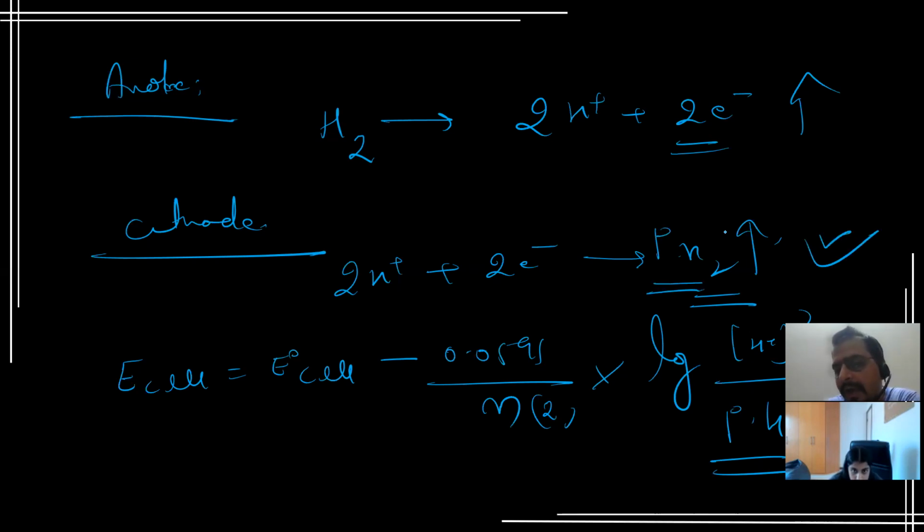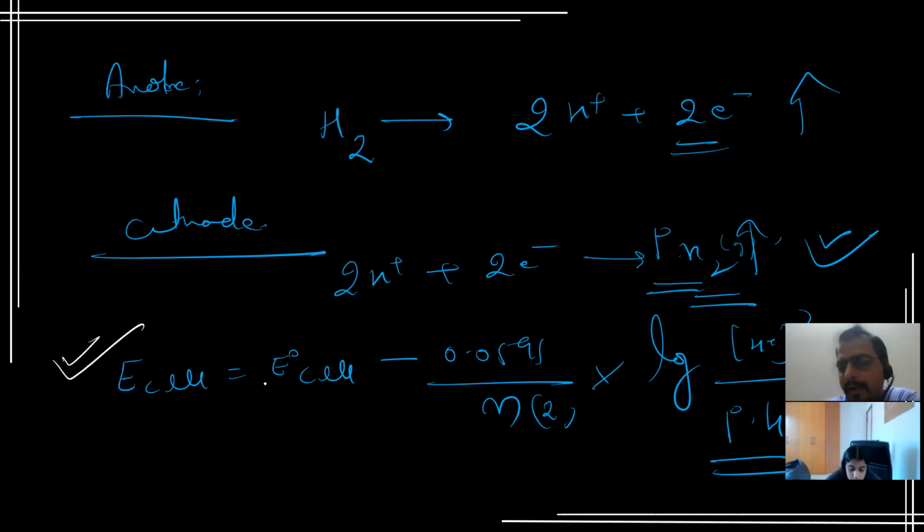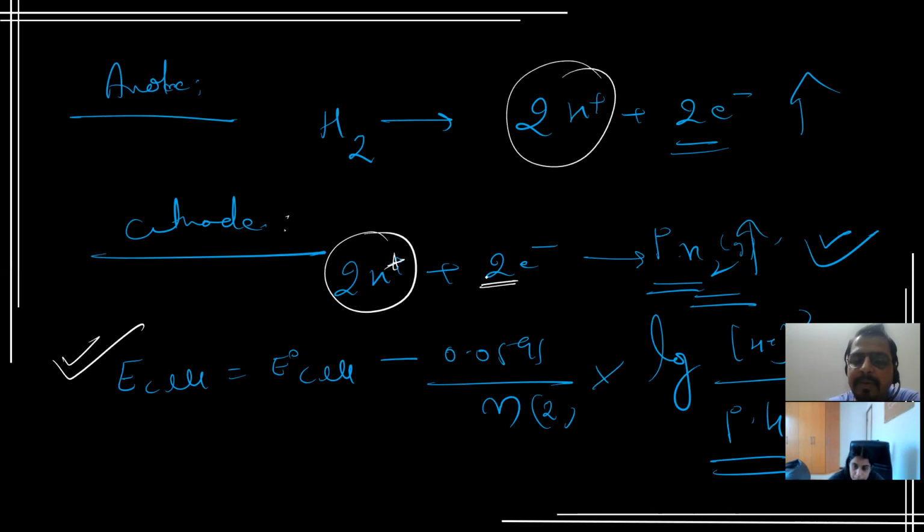Because for a gas, the concentration is always the pressure term. The cathode will be 2H+ plus 2 electrons, that is called reduction. So this H+ will take 2 electrons, and it will liberate the hydrogen gas.